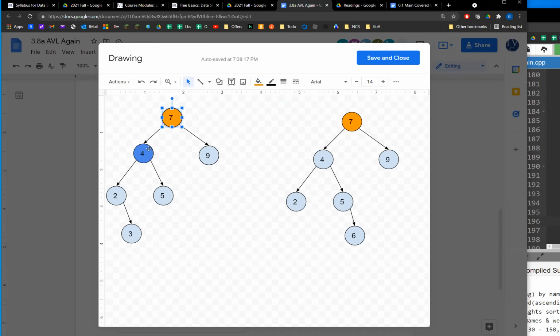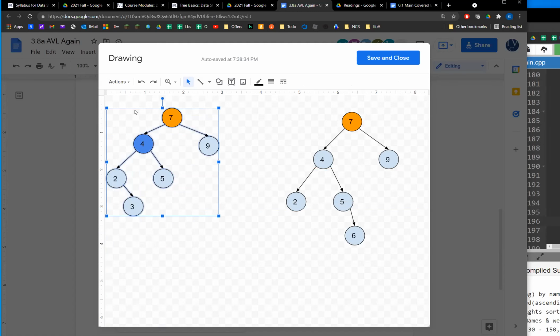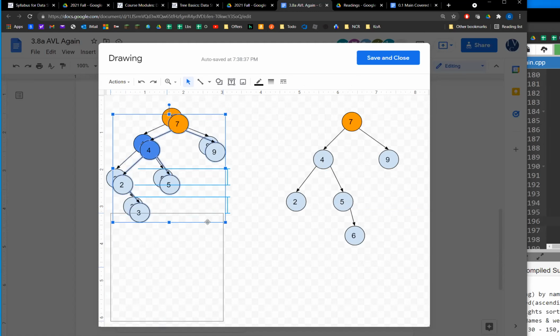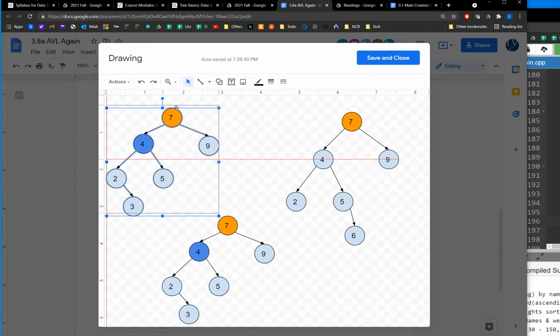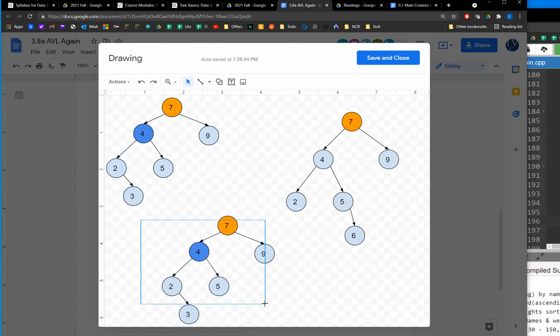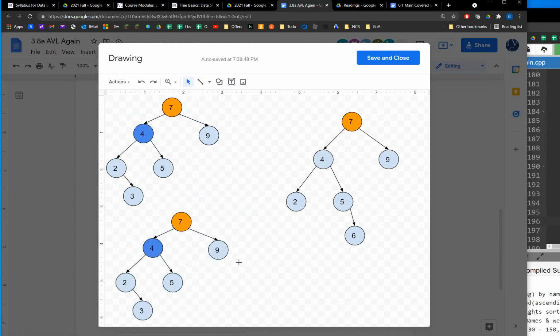So we have a left-left pattern, a single rotation should bring us back into balance. Work my white space here, get everyone to fit nicely. All right, so beta wants to work its way towards alpha.